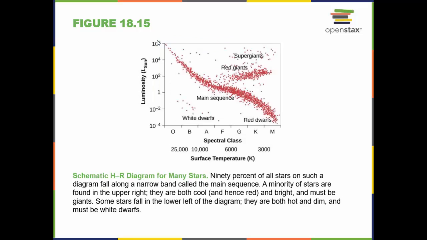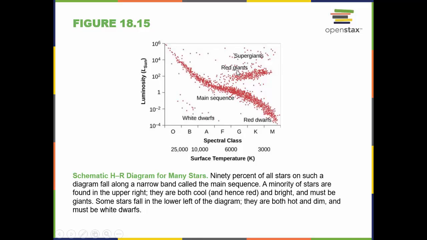This shows a schematic HR diagram for many stars, and once again it's plotted against spectral class or temperature. 90% of all the stars on such a diagram fall along this narrow band that we call the main sequence. A minority of stars are found in this upper right region.